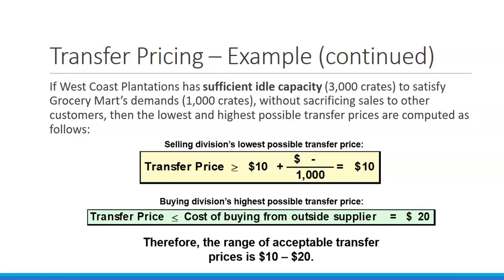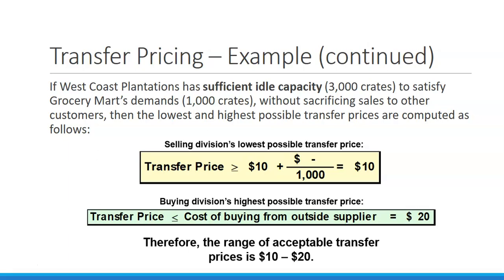So if we have sufficient idle capacity, then our lowest possible transfer price is equal to that of our variable costs. So as long as we're covering variable costs, that is the lowest price we will take. Those are the things that we have to consider. One, do we have capacity? Two, are our variable costs being covered?